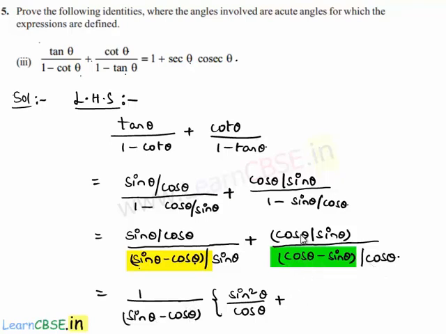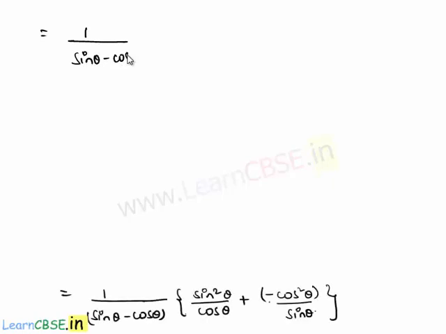So if we send cos theta to top, then it becomes minus cos squared theta whole by sin theta. Now that will be equal to 1 by sin theta minus cos theta into sin squared theta by cos theta minus cos squared theta by sin theta.